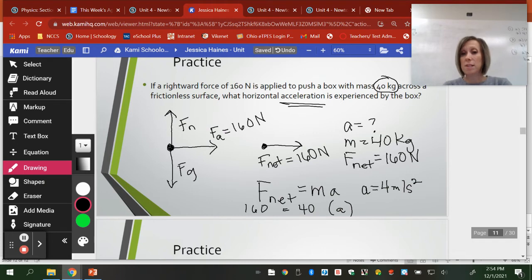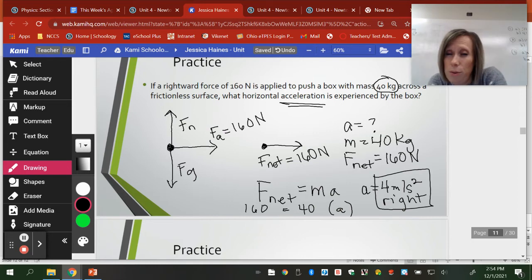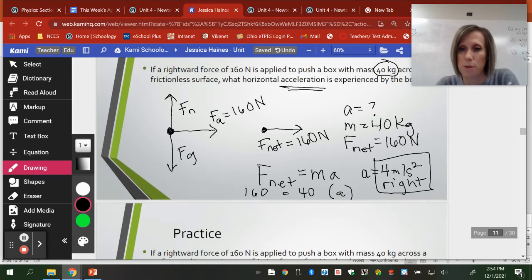Because acceleration is also a vector, it has a direction, so you need to say 4 meters per second squared to the right. Or if you know that to the right is the positive direction and you keep the net force as positive, then that is acceptable as well. You could just put 4 meters per second squared as long as your initial net force was positive.